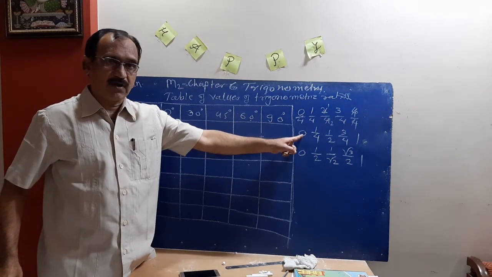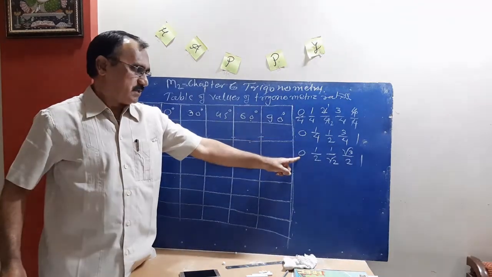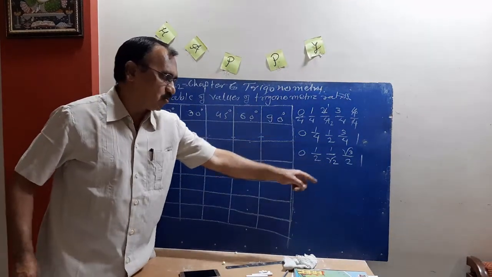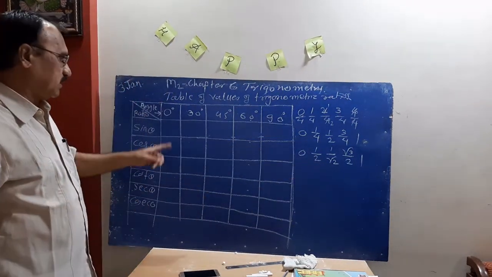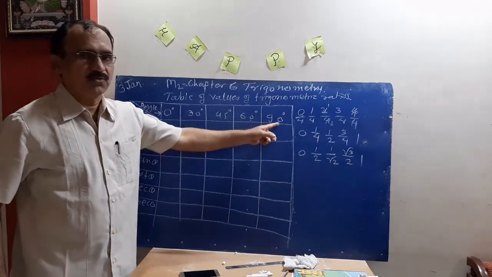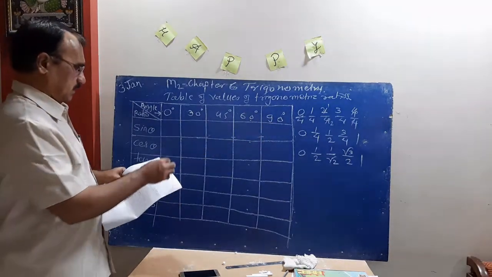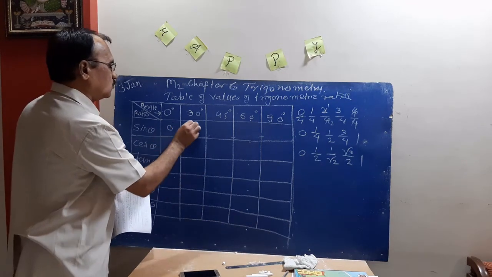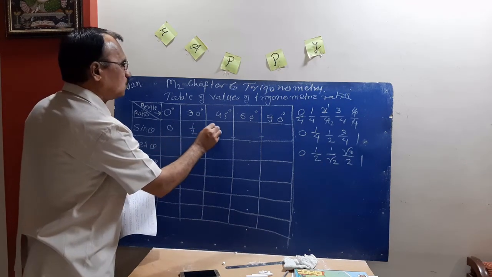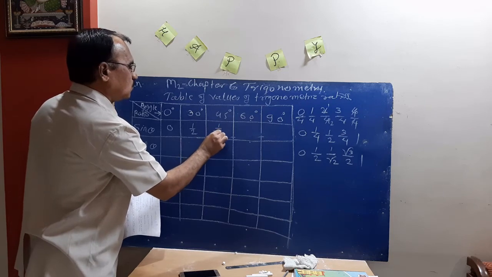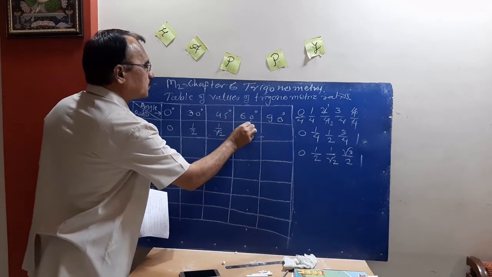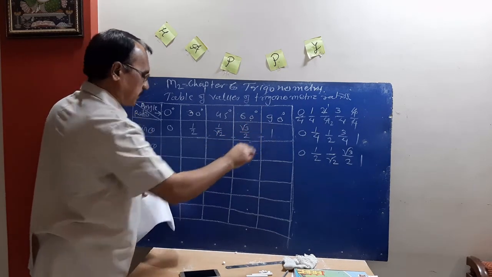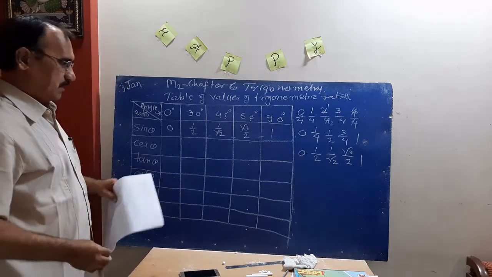Then by taking the square root of each number, 0, 1 half, 1 upon root 2, root 3 by 2 and 1. These are the first 5 values. Say once with the help of your textbook. 0, 1 upon 2, 1 upon root 2, root 3 by 2 and 1.